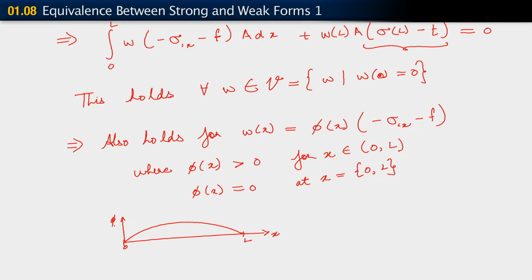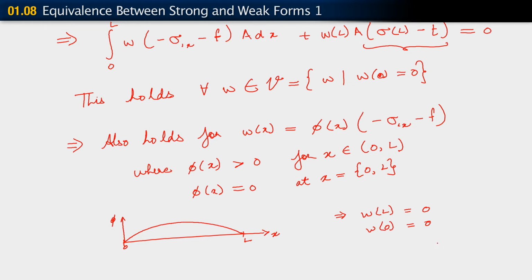It ensures that W at L equals 0. It also ensures the Dirichlet boundary condition that W needs to satisfy. The fact that W has to vanish at 0 comes from the space V. That's the condition that we're assuming on the weighting function.